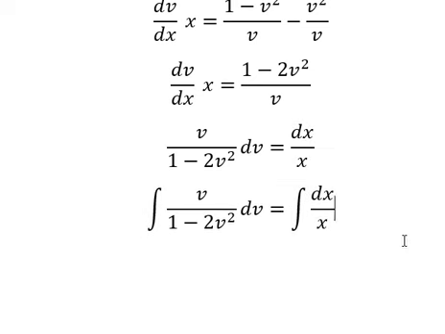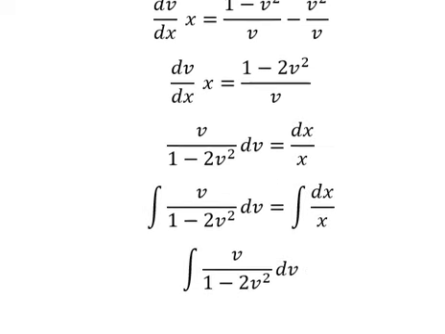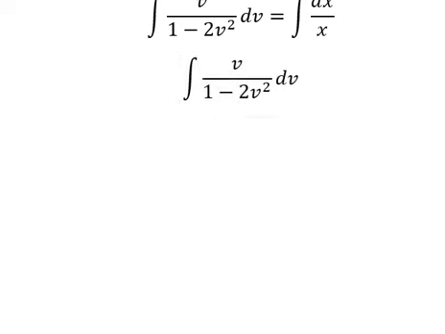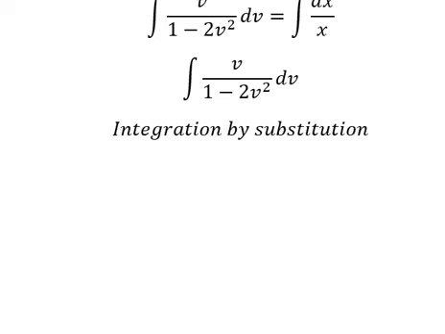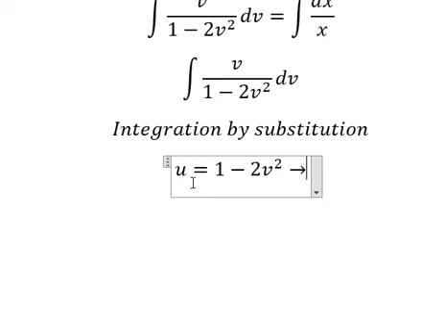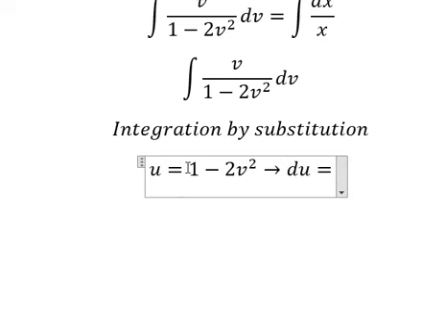So for this one, we can use integration by substitution. So I will put u equal to 1 minus 2v squared. Later we need to do the first derivative for both sides. This one is the constant, so you get number 0.